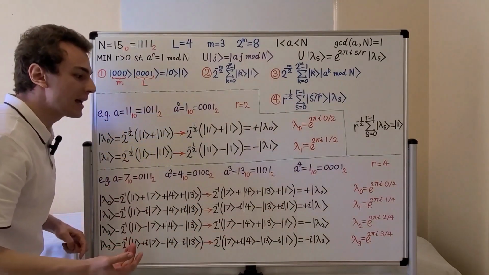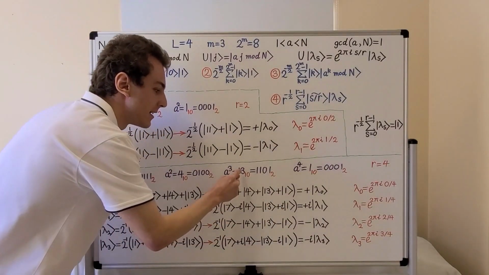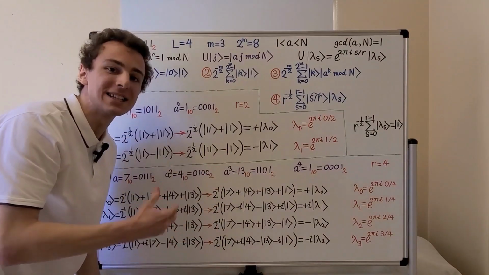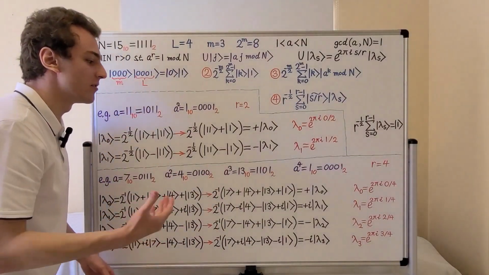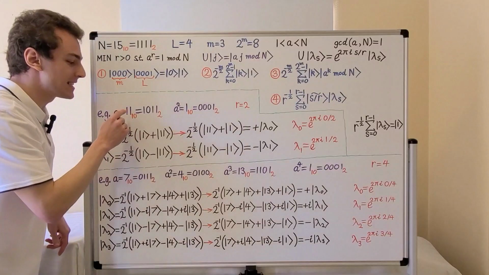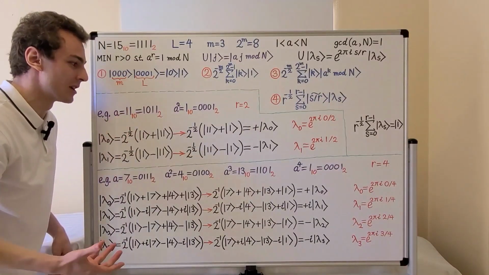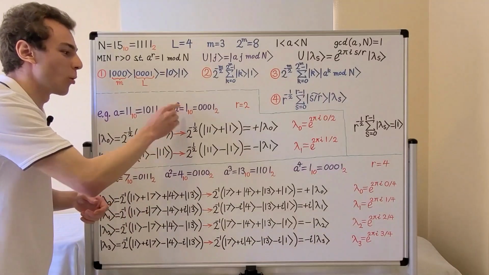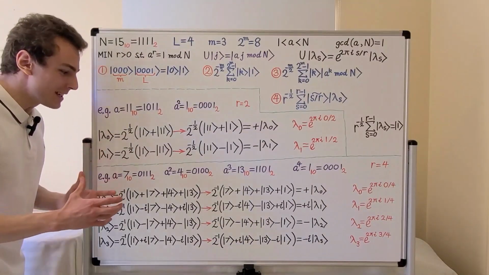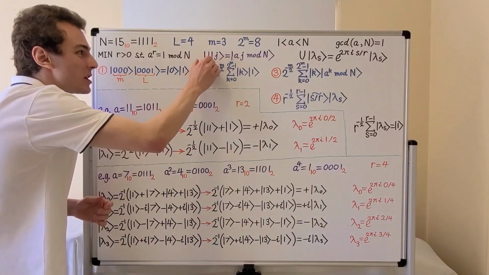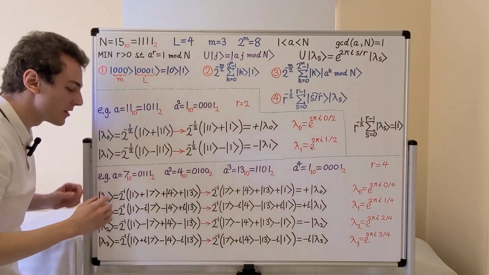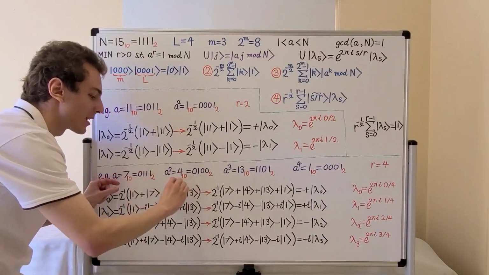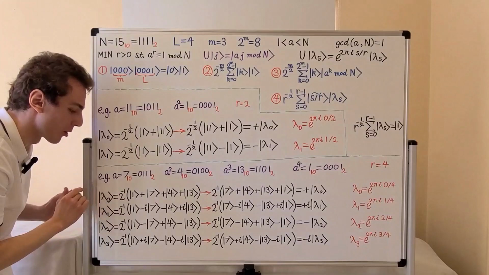An observation you can make is that 13 and 7 are multiplicative inverses mod 15. 11 is actually its own multiplicative inverse. So 11 times 11 gives you the multiplicative identity, which is 1. So we have seen what this unitary operator U does to the first eigenstate that corresponds to S equals 0.